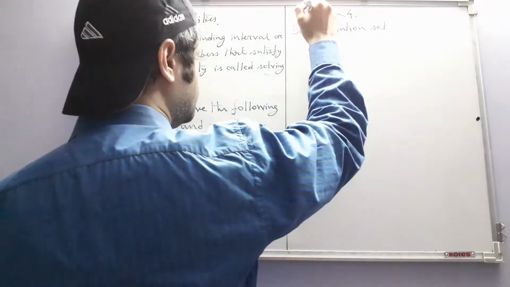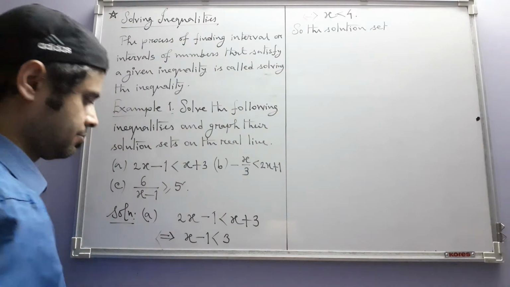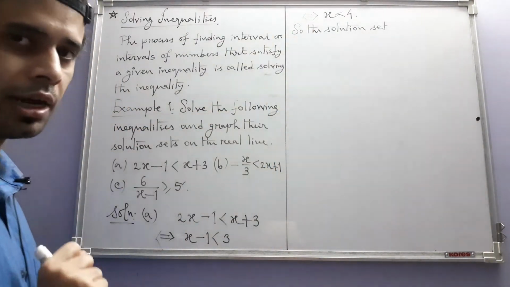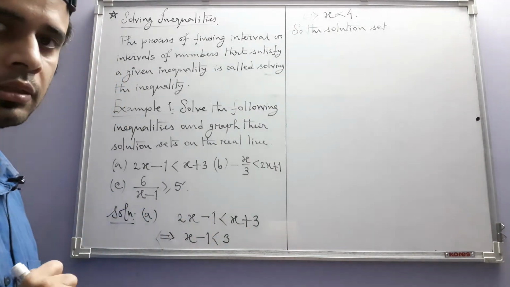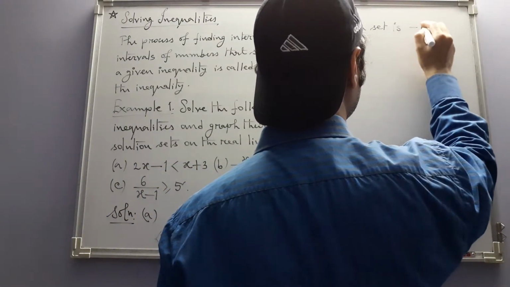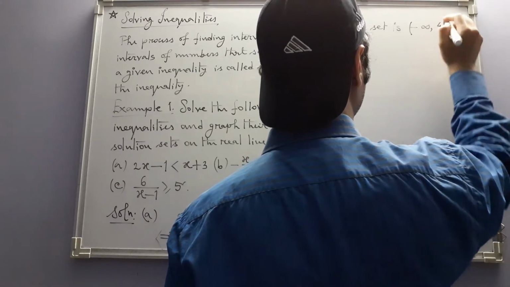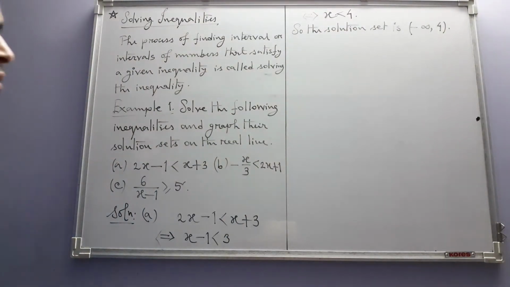So you can write this also, that these inequalities are actually equivalent. If one of them happens, then so does the other, and that's why the solution set is this interval, the set of all real numbers that are strictly less than 4.